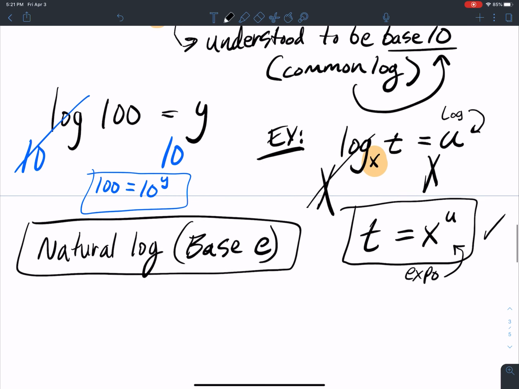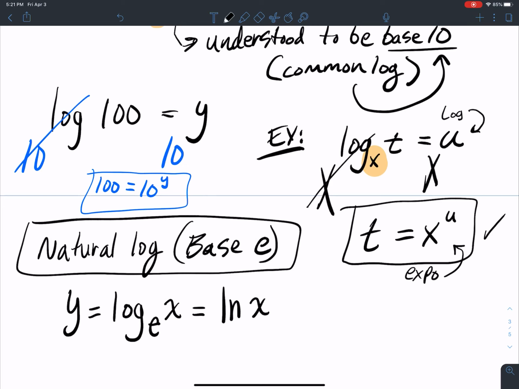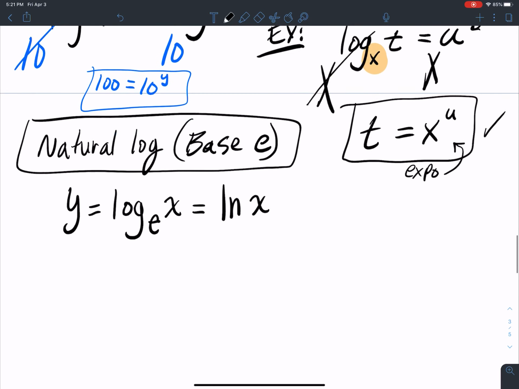And what the natural log looks like, so it's y equals log base e of x, which is written as ln x. Now ln x, its base is e, so how do we get rid of a base e? Raise both sides, and that cancels, you get x equals e to the y.